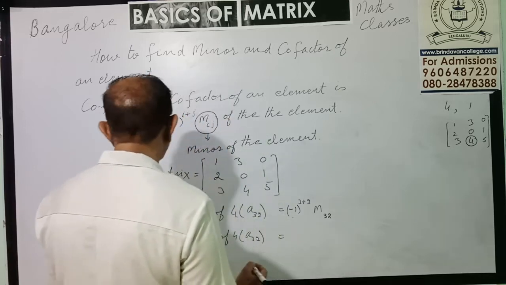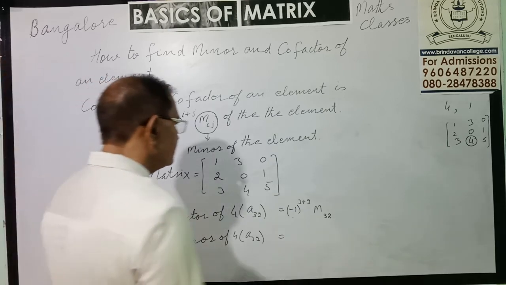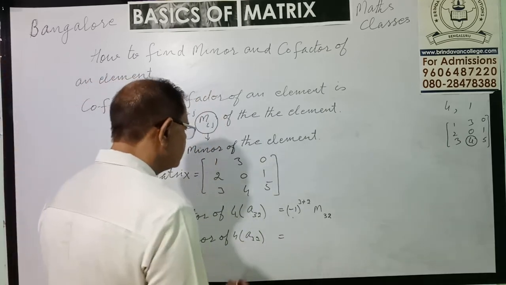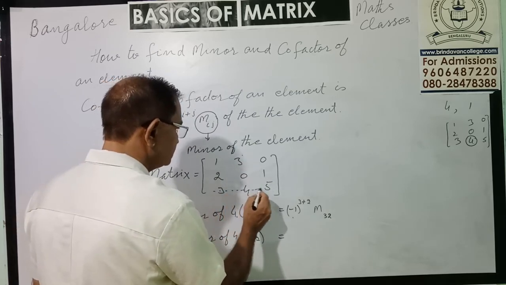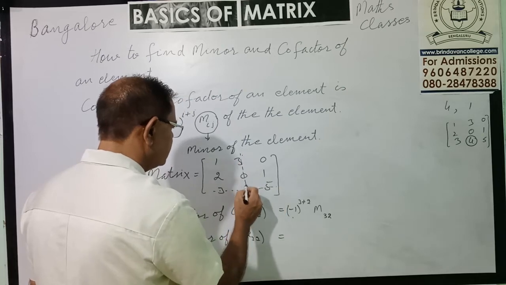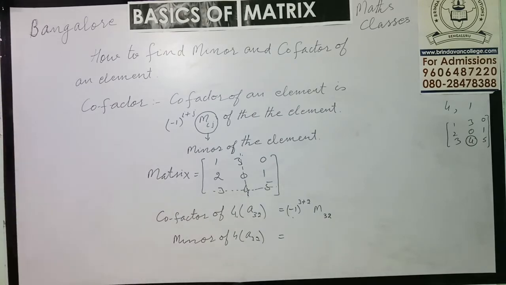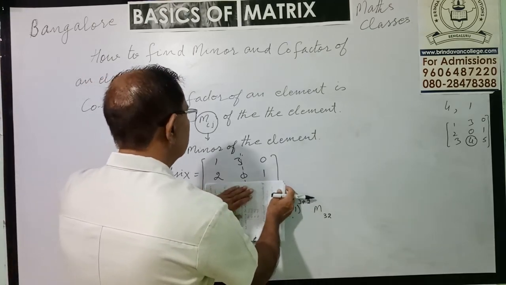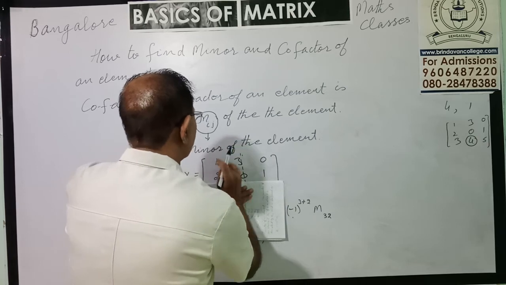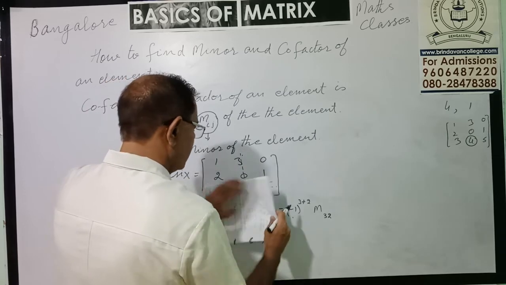So how to go for the minor? We have done it just now. Cut the row, cut the column. See here, you can cut the row like this, cut the column. We are left with 1 2 0 1.